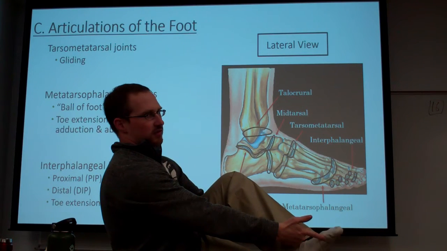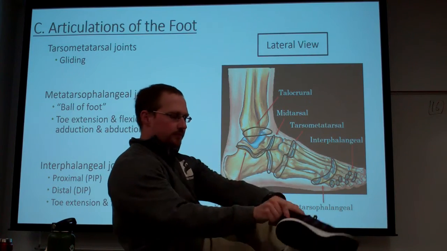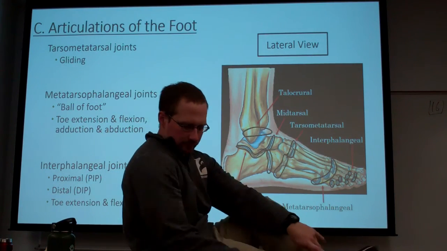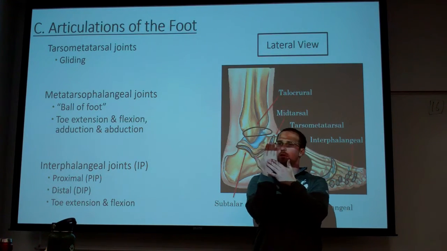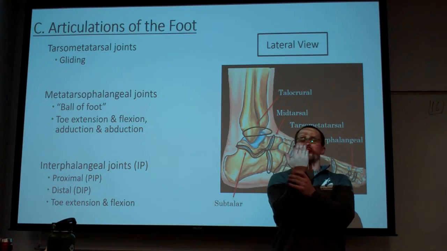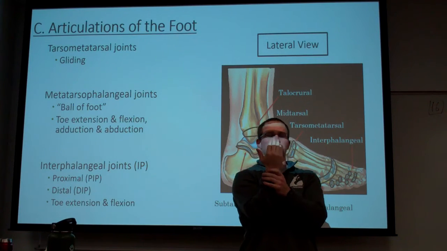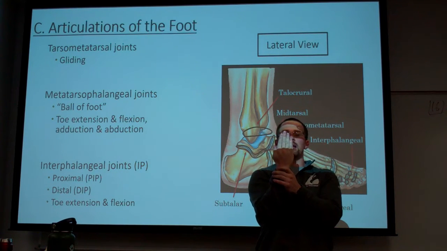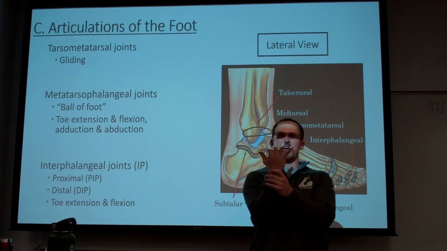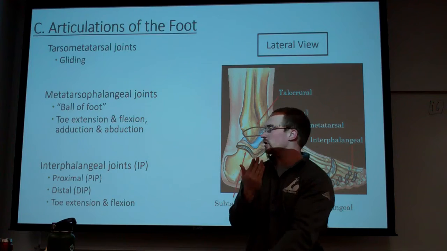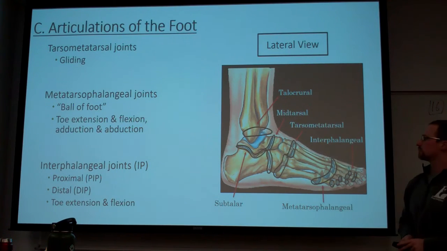So that allows for this movement of the foot. Now, just like your first knuckles of your hand, that allows for toe flexion and extension, but also abduction and adduction. So flexion and extension, abduction, and adduction occur at that joint.